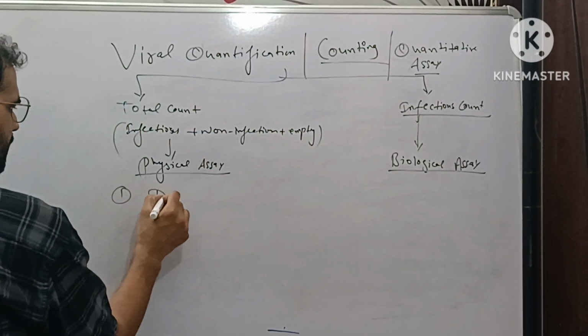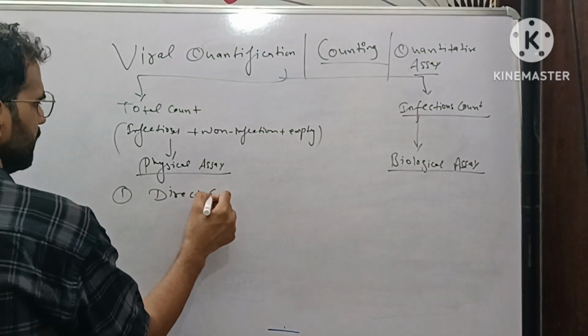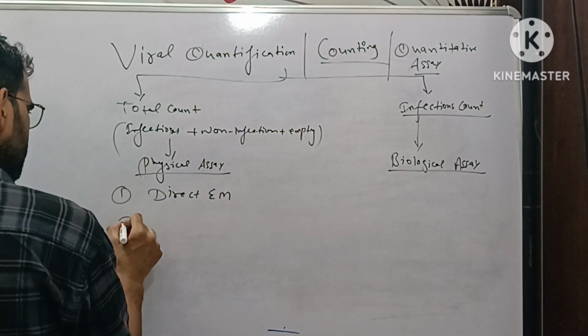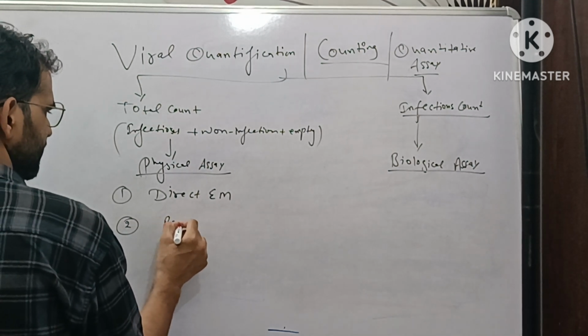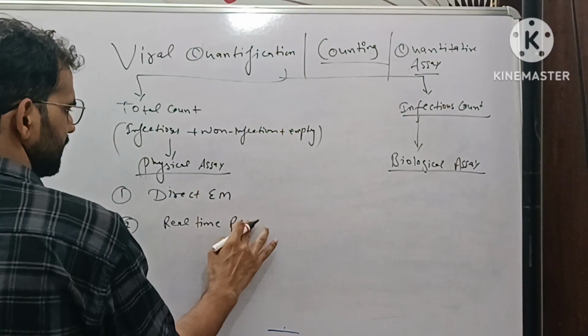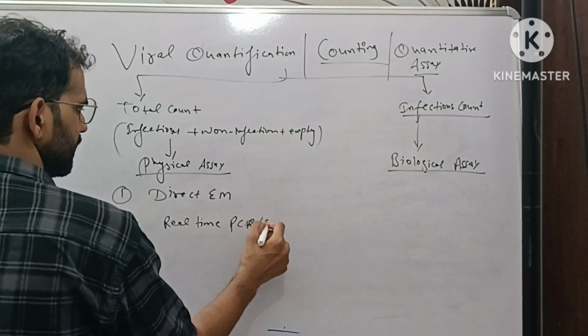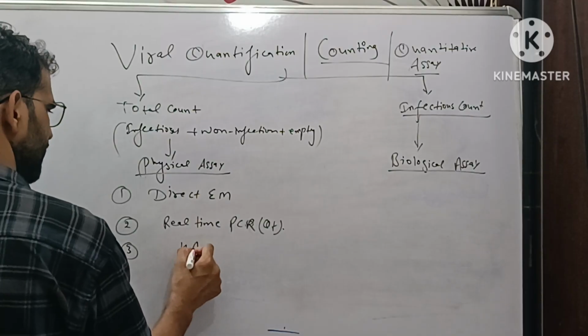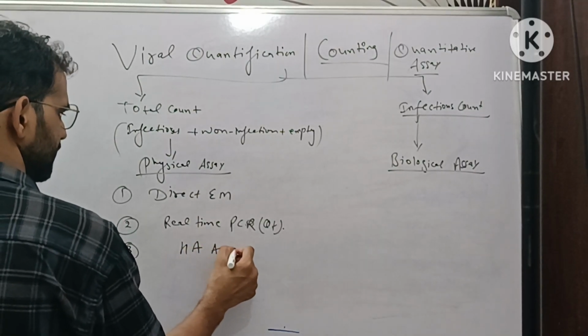Number one, direct electron microscopic count. Number two, real-time PCR, which is a quantitative PCR. Number three, hemagglutination assay.